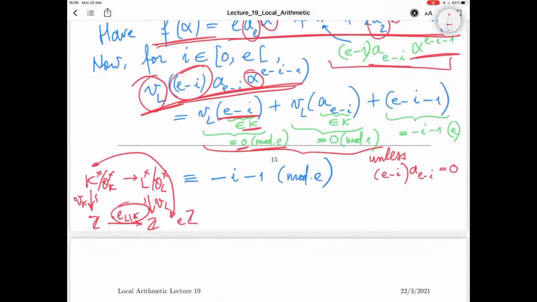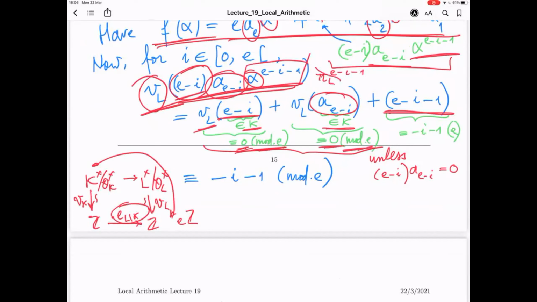e is short for e_{L/K}. So this e minus i is in K, and this e minus i is also in K. So there VL is going to be congruent to 0 modulo e, and this is also congruent to 0 modulo e. What is this congruent to modulo e? That's the valuation of this last thing here. It should have been actually pi L to the e minus i minus 1.